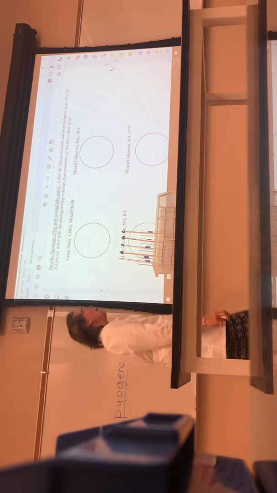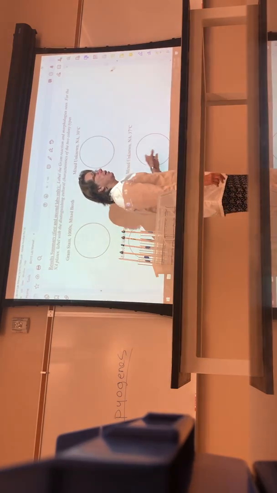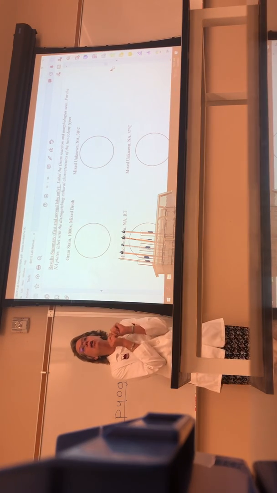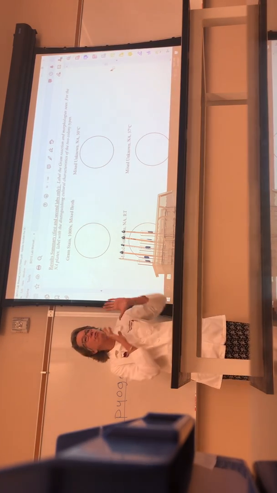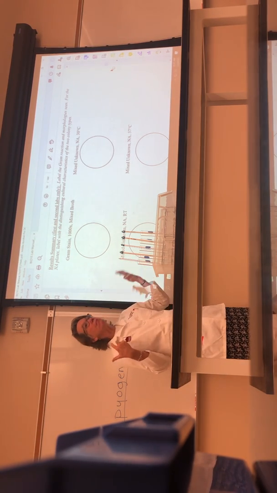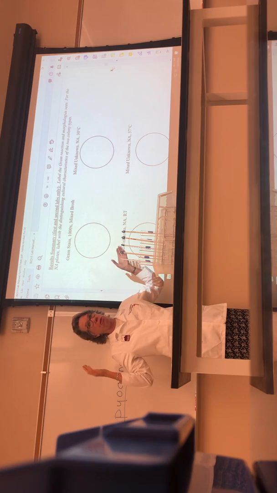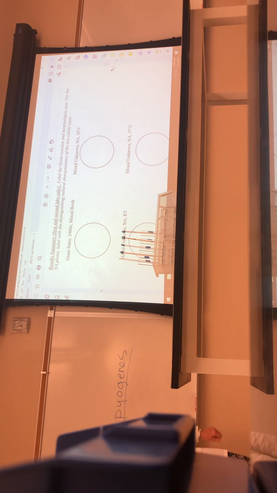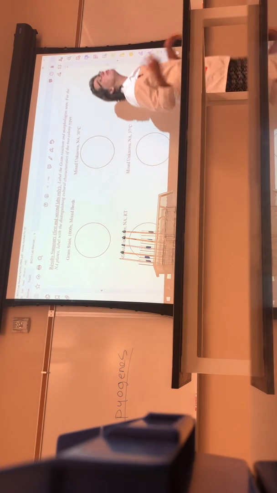So you should have drawn what you saw on here, and then you should have tried to say, okay, colony type A is, for example, opaque and big and white and furry and dry. I'm just making up words here, okay? Colony type B is transparent, wet, small, colorless. I'm making up terms. I don't know what you got, but you should have recorded somewhere in your notebook what you thought the 2 bacteria looked like.